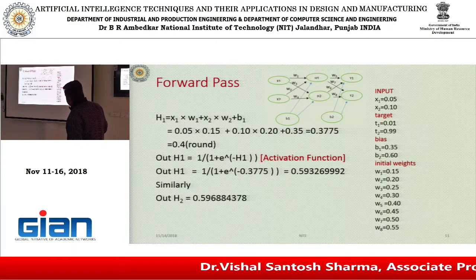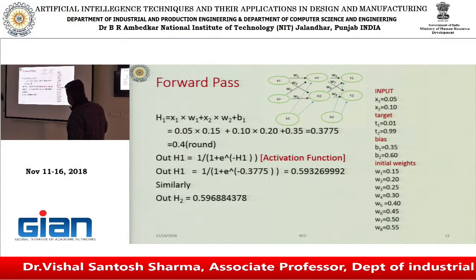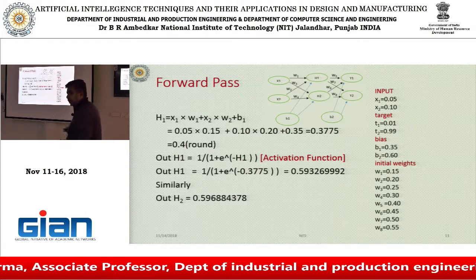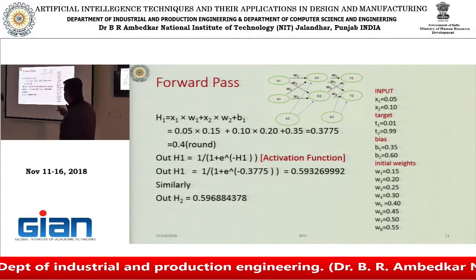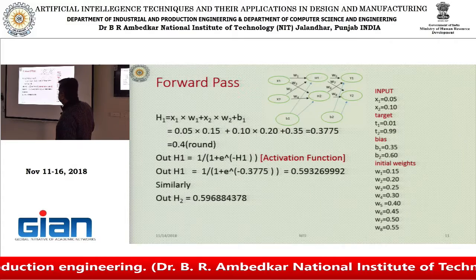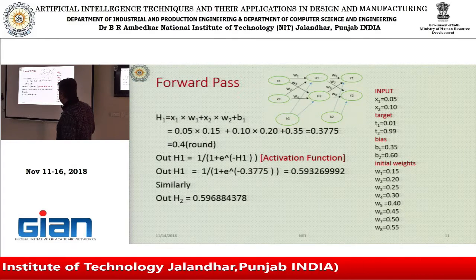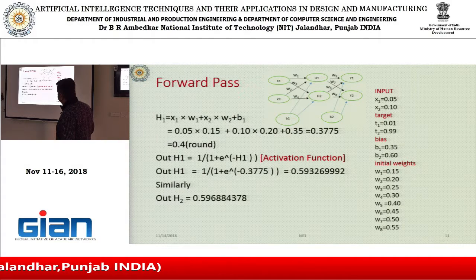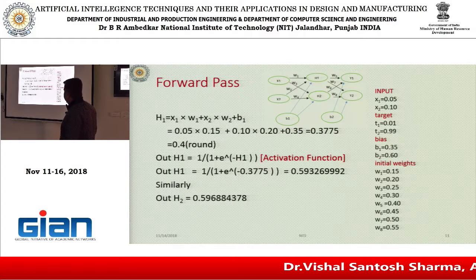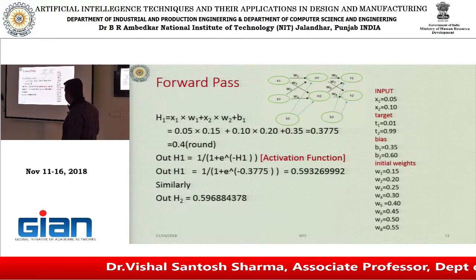Any value is taken randomly. Biases b1, b2 are selected. These are the weights, selected at random. Now using these equations we are finding h1. Using the activation function, we are finding the output here. So the output of h1 is obtained. Similarly, the output of h2 is obtained.